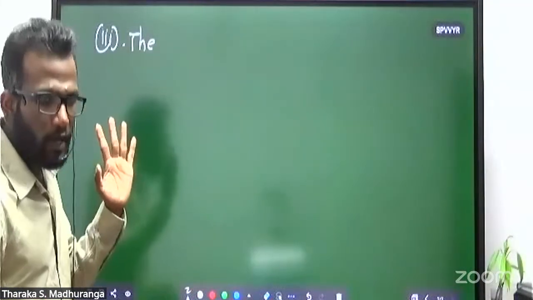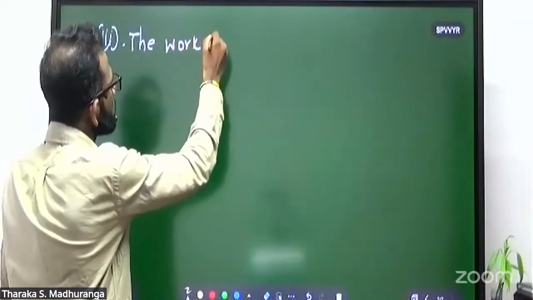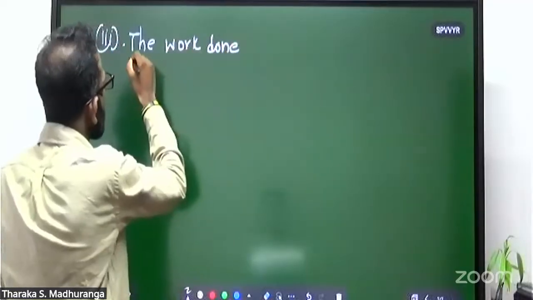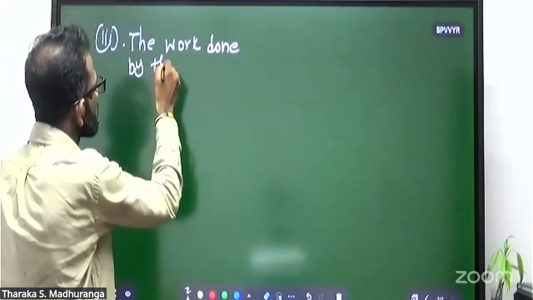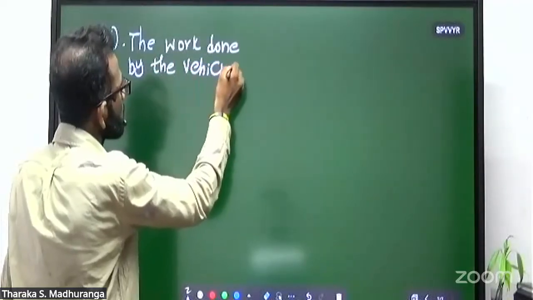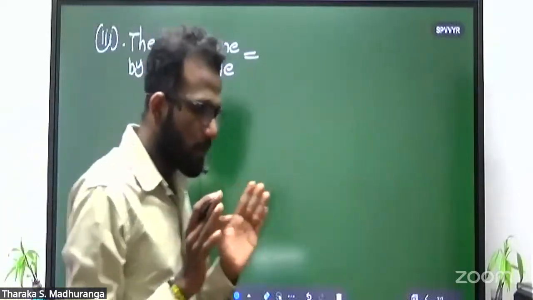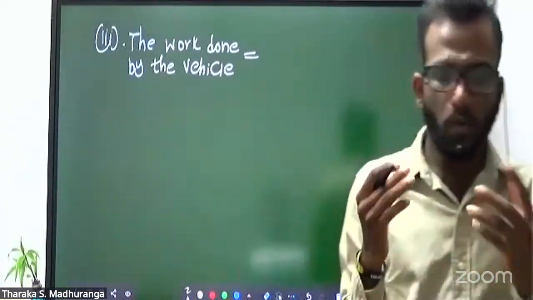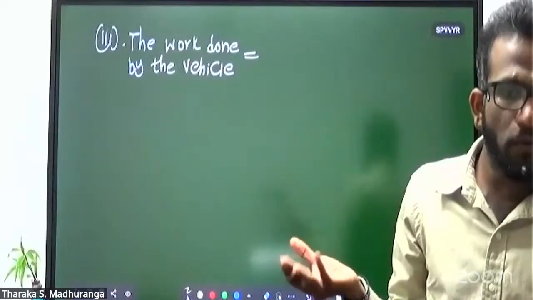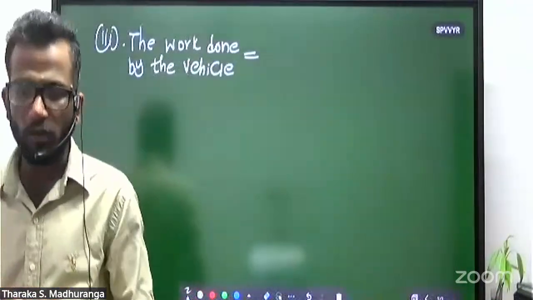Other students who have completed the lessons can understand the work done by the vehicle. It should be a closed system. The closed system means no other forces are affecting, only the friction force.